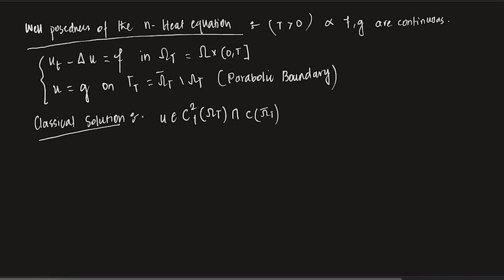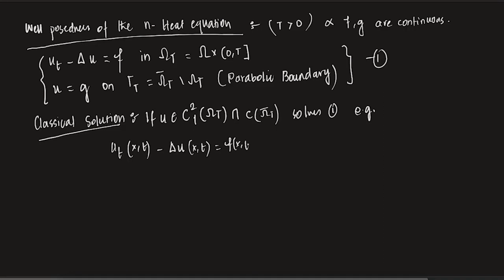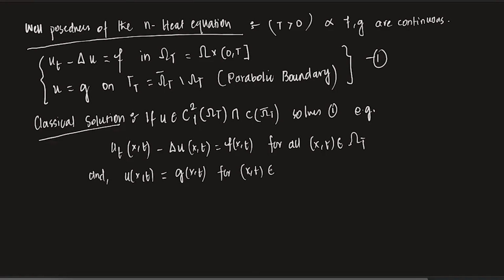So let's say, let's call it 1. If u in C21 omega t intersection C omega t bar solves 1, so basically that is u_t at the point (x,t) minus Laplacian of u at the point (x,t) equals f of (x,t), for all (x,t) in omega t, and u of (x,t) equals g of (x,t) for (x,t) in gamma t, which is the parabolic boundary.